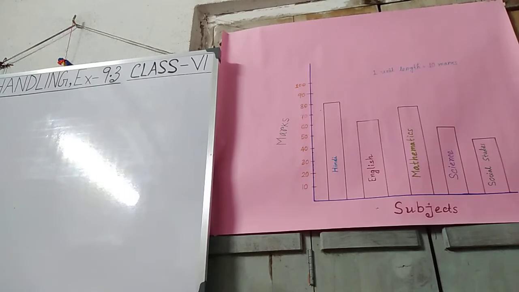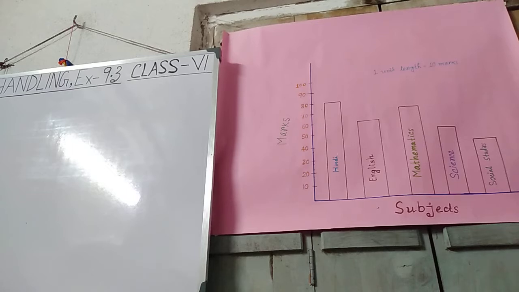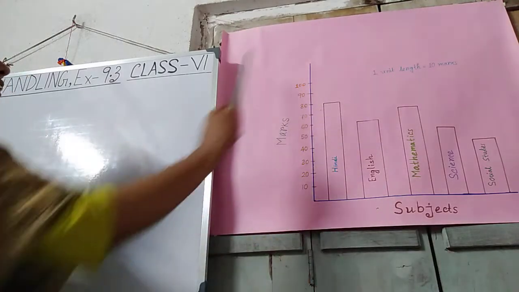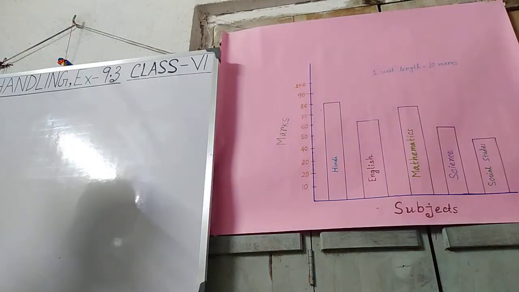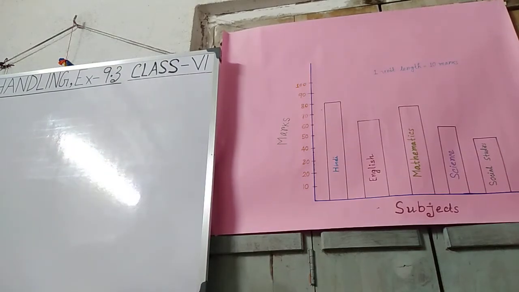Our first question is, what information does the bar graph give? So our first question's answer will be, this bar graph shows the marks obtained by Aziz in different subjects.